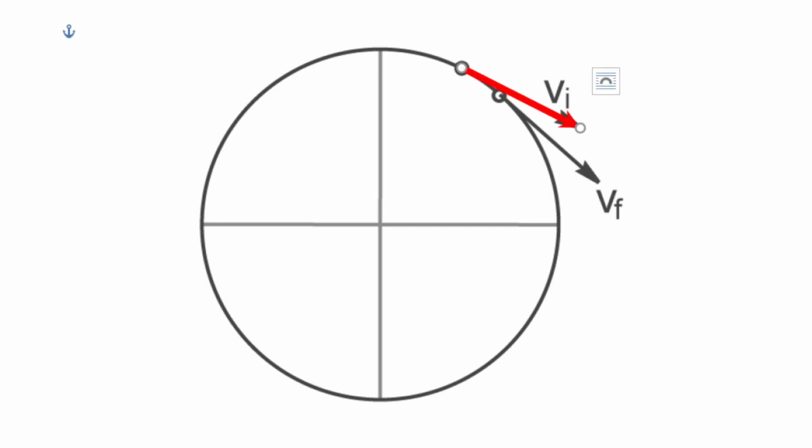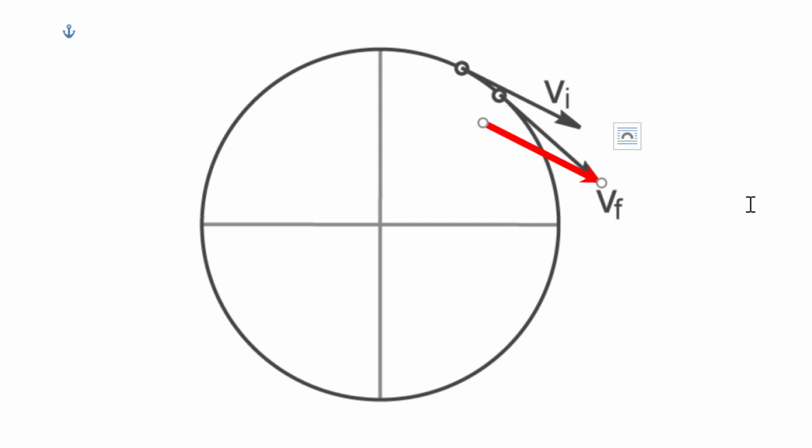So I make a clone of it, that red vector, and like I said, it's got exactly the same length and the same angle as the original VI vector. And then I'm going to grab this, and I'm going to move it over here so that it's tip to tail with the VF vector. So you'd be doing this yourself, where you redraw that vector, same length, same angle, but tip to tail with the VF vector instead.